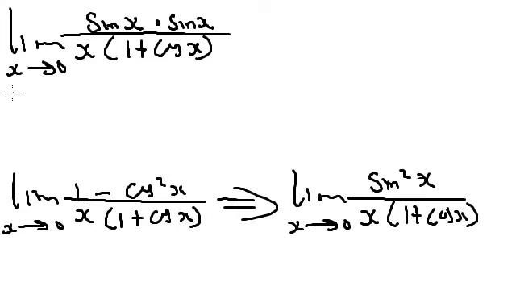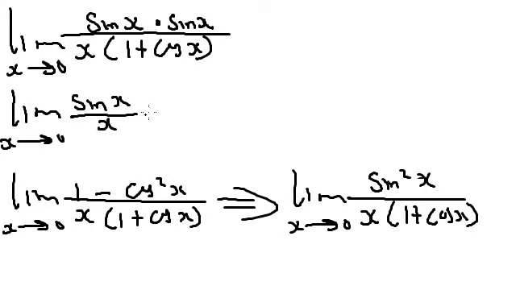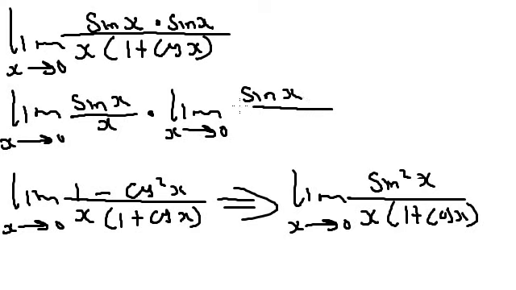So I can break the limits and have the limit as x approaches 0 of sine x divided by x, then multiplied by the limit as x approaches 0 of sine x, all divided by 1 plus cosine x. Perfect.